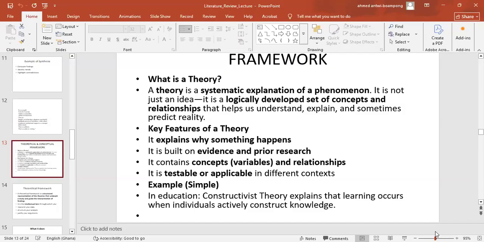If you pick them and apply them to a certain context, you are able to test whether the theory is true or false. So that theory becomes the foundation for your research. Is that clear? There are several examples of theories, such as technology adoption theory, and so on. So that is it with theory.